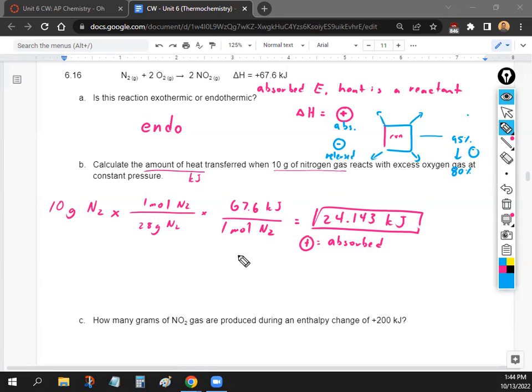Yeah, just like that. Does that help? So if we were putting this enthalpy into the equation, it would be 67.6 kilojoules on the left side. Sorry, Stan, do you have a question?